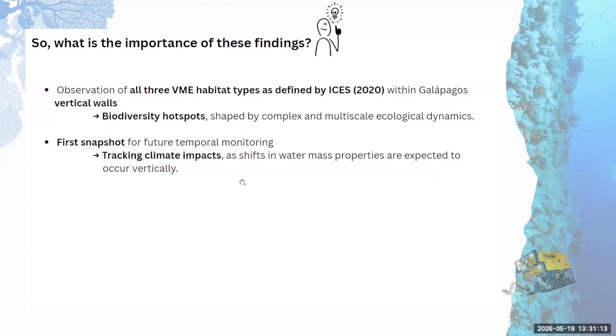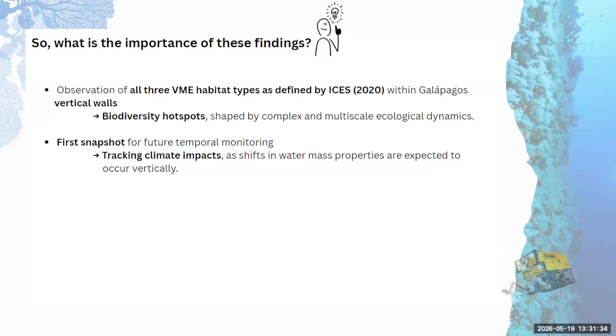It is also important that this is a first snapshot of the vertical wall systems and the diversity there. If we want to track climate change impacts along the vertical axis, this study provides an initial snapshot.